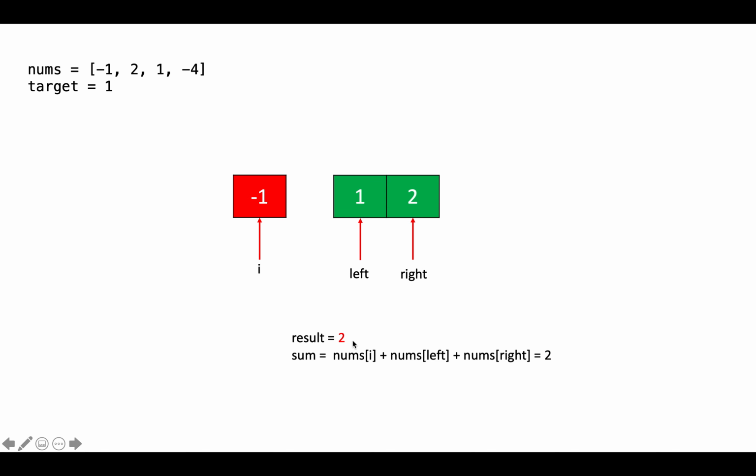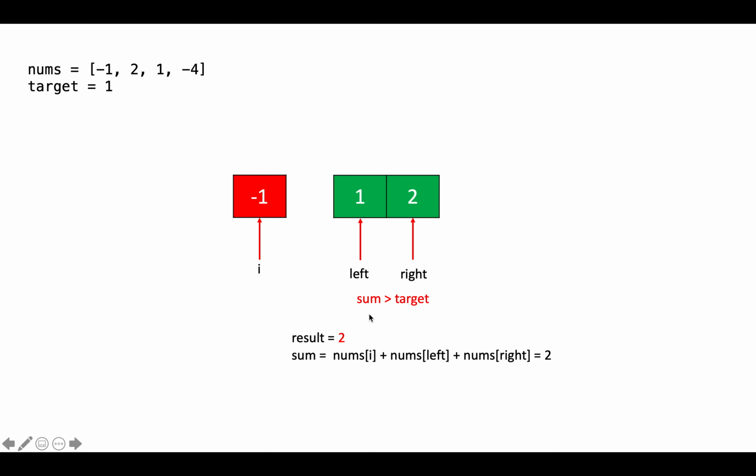This time we should check that our sum is larger than our target. If we want to make our sum closer to our target, we should decrease our sum. Because this part is already sorted in ascending order, we should move our right pointer to here, we should decrease our right pointer.